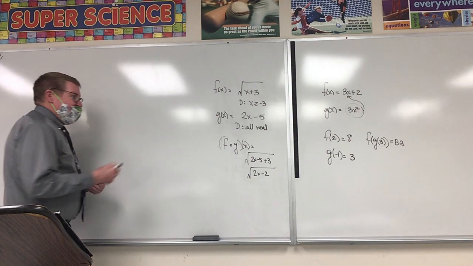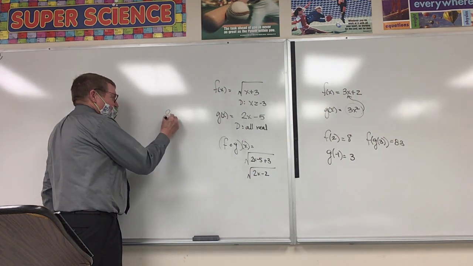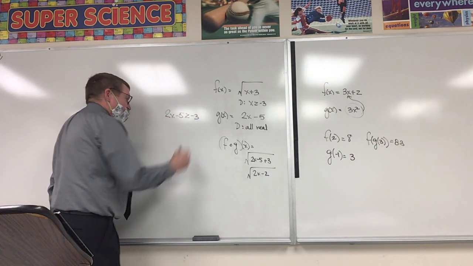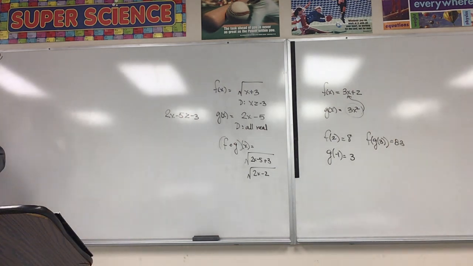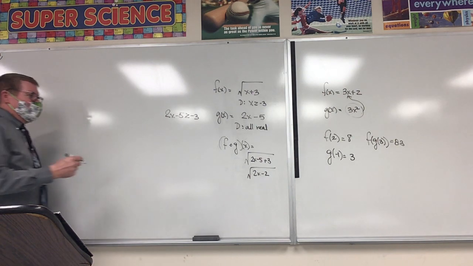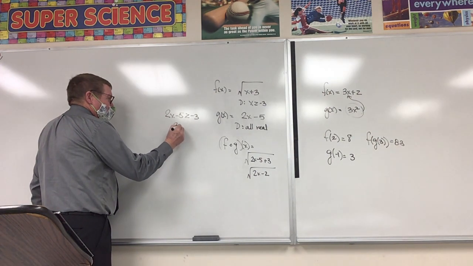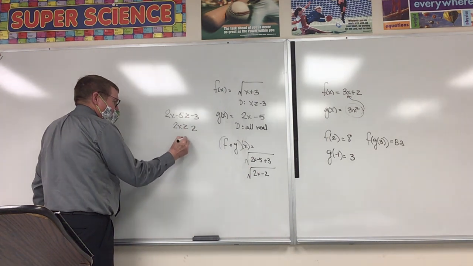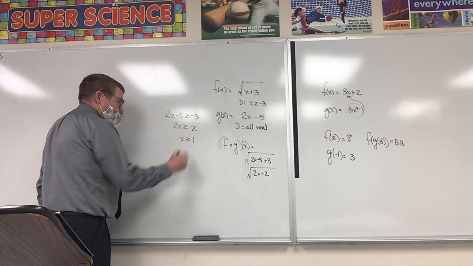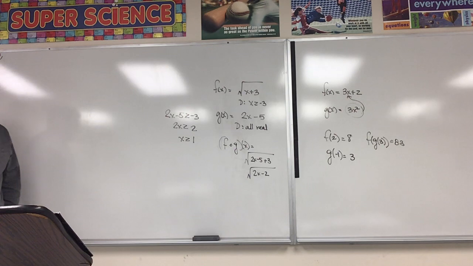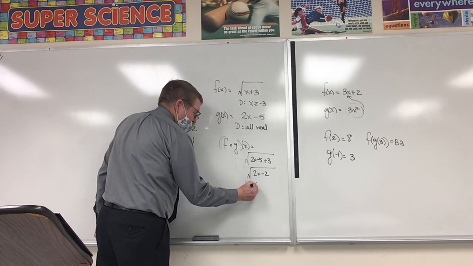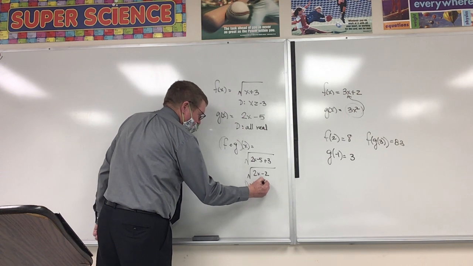So therefore, I need 2x minus 5 to be greater than or equal to negative 3. When I solve that, 2x is greater than or equal to 2, x is greater than or equal to 1. So my domain here is x greater than or equal to 1.